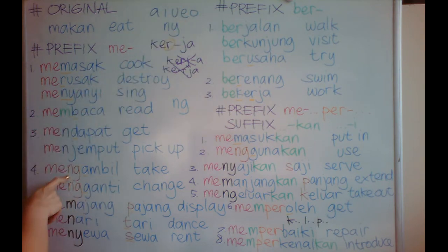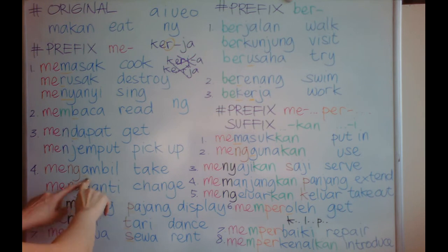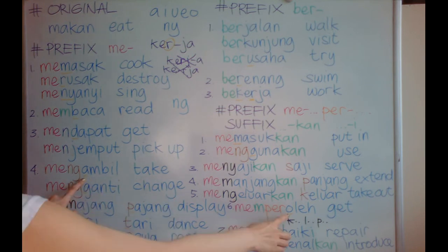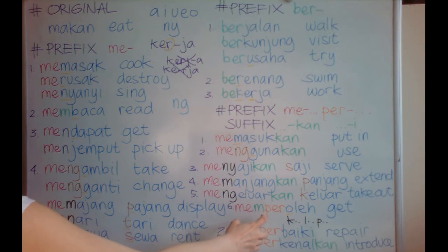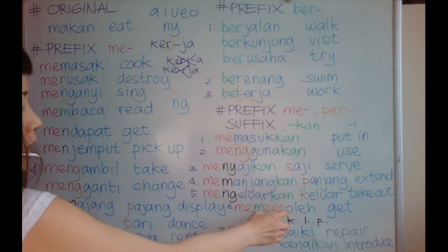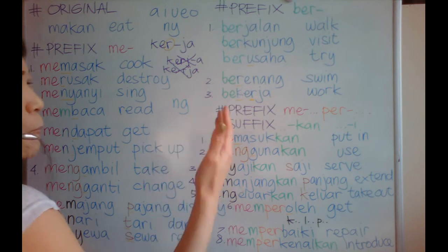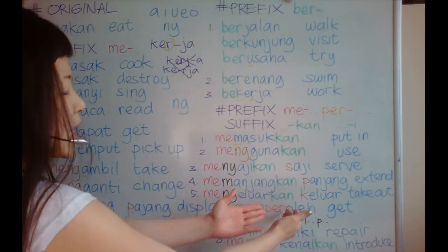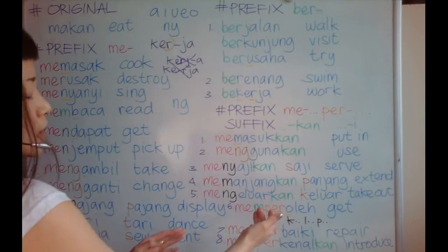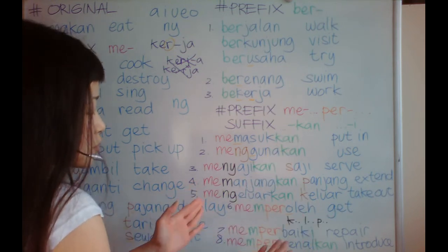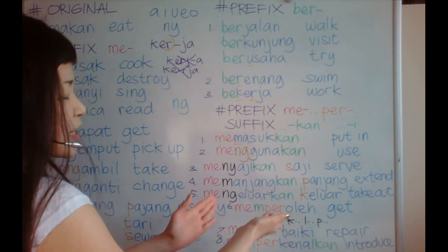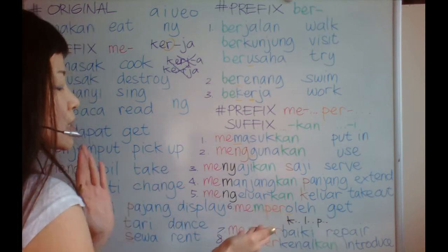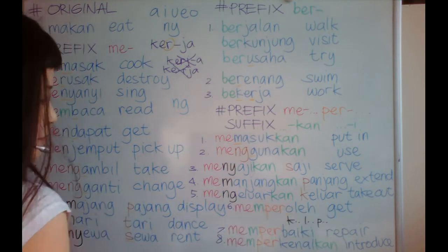This one with meng, but like this is started with a, but this one cannot meng, because meng doesn't work with per. There's no meng per. It should be mem per instead of meng per.